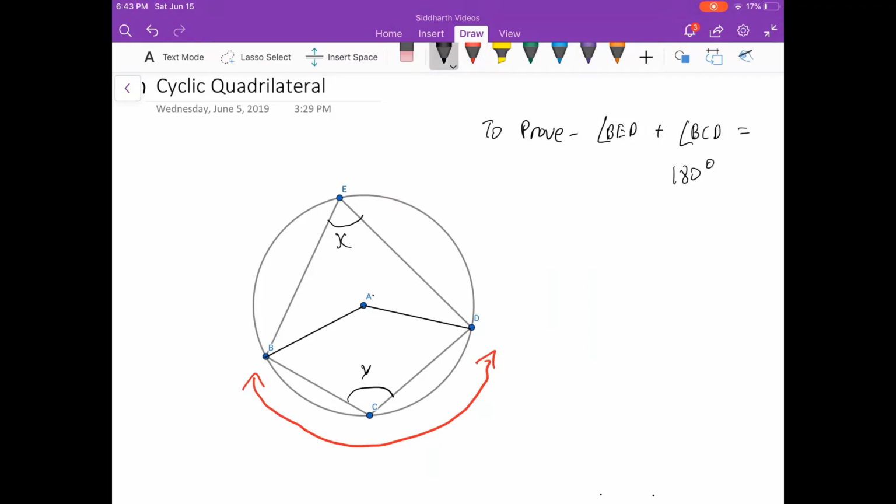By the previous theorem, we know that the angle subtended at the center has to be twice the angle subtended at the circumference. That means BAD has to equal 2x.